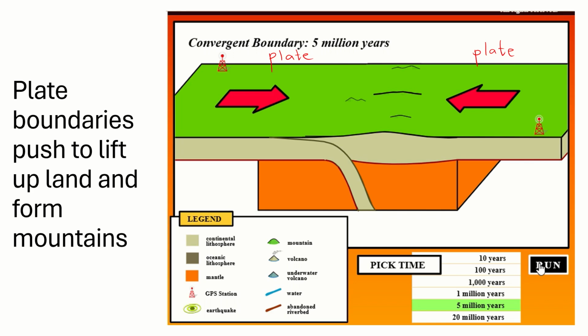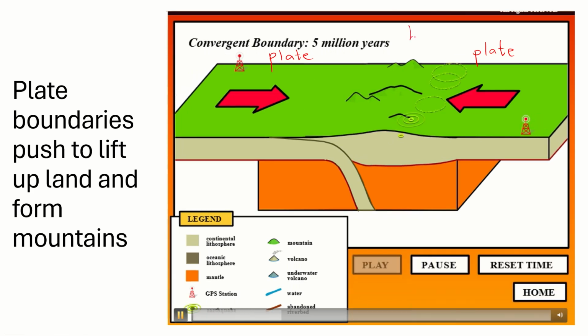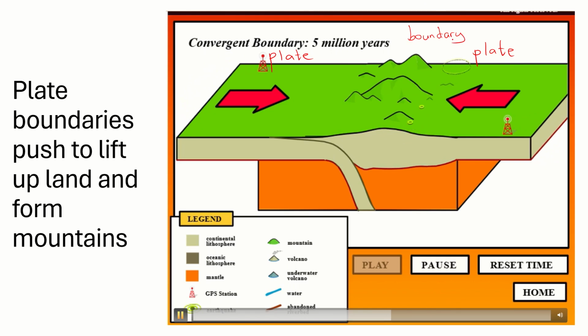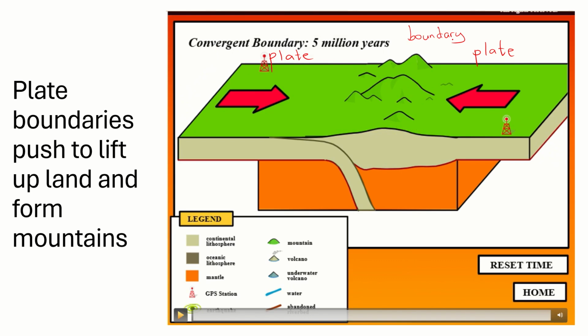When these plates push each other, they actually make mountains, and the place they form is known as the plate boundary. Over millions of years, as the plates pushed on each other, they lifted the land up to form mountains.